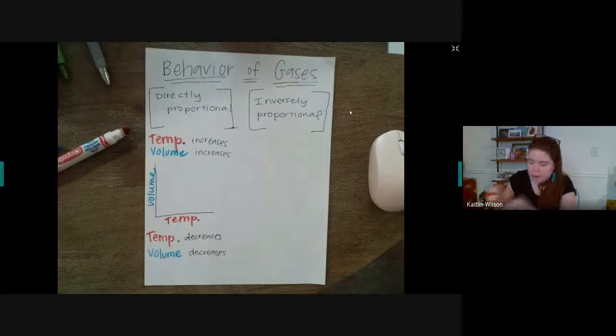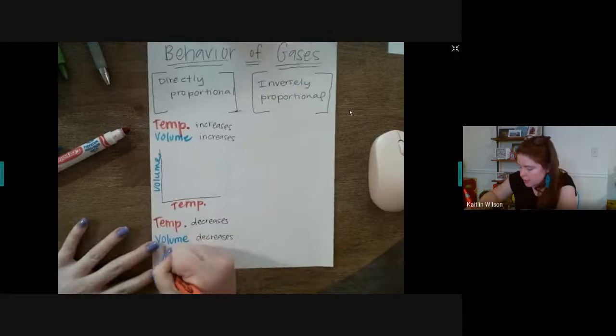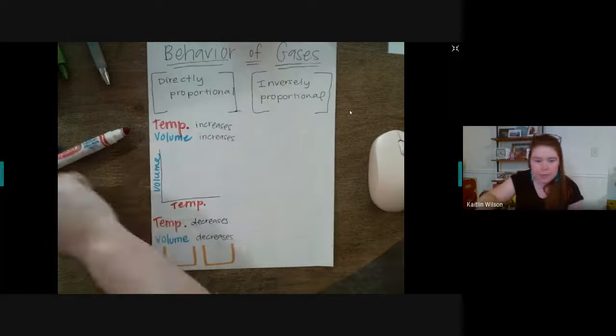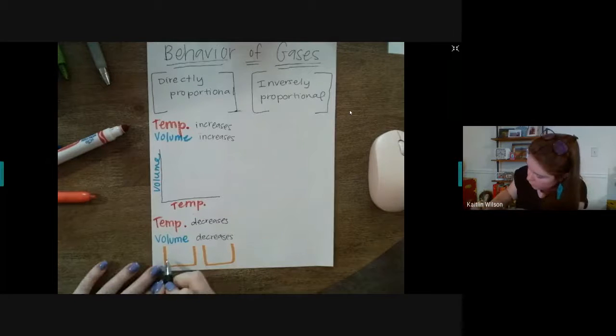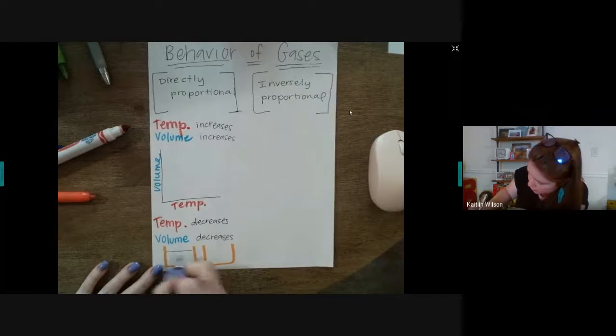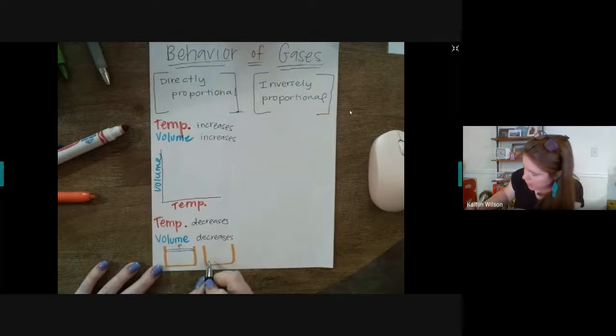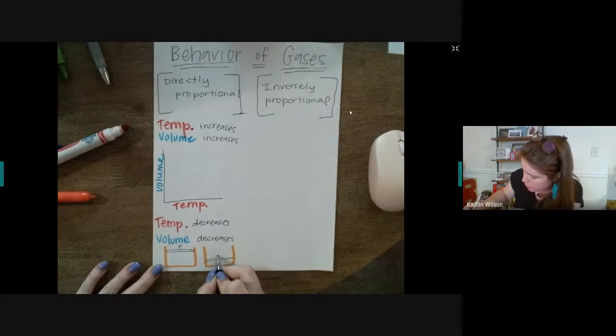So at the bottom, I'm going to draw some little containers. I'm going to try to make them look similar to your virtual lab from yesterday. So I'm going to have one with a pretty large volume, the whole container, and then one with a pretty small volume, a very small portion of the container.